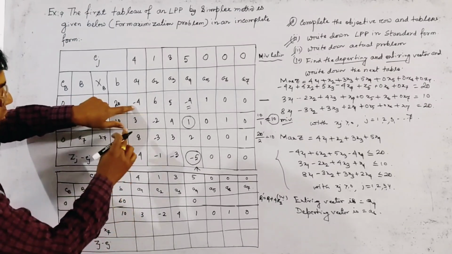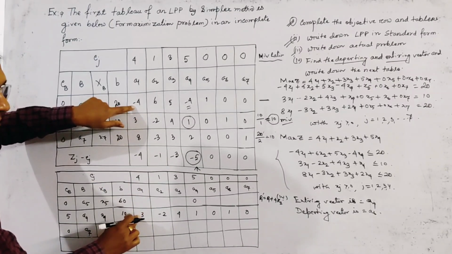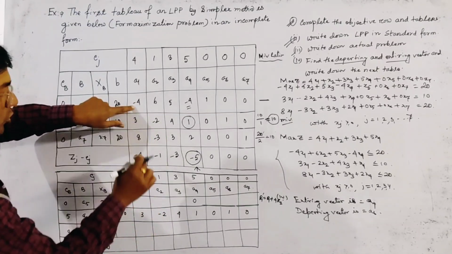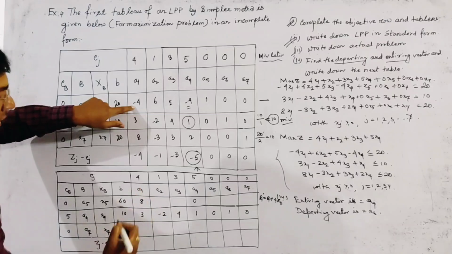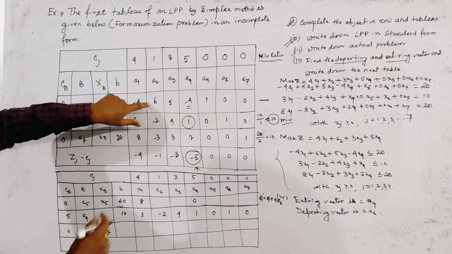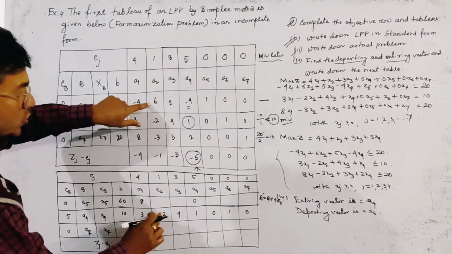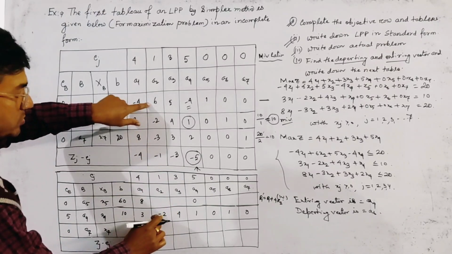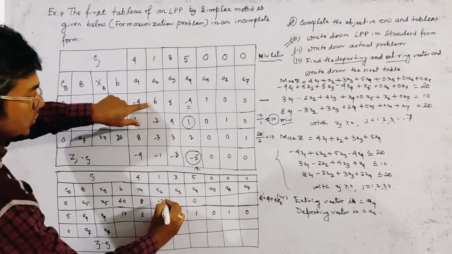This is minus 4 plus 4 into 3, which is 12, that is minus 4 plus 12, this is 8. Right, this is 6 minus 2 into 4, that is 6 minus 8, so minus 2.